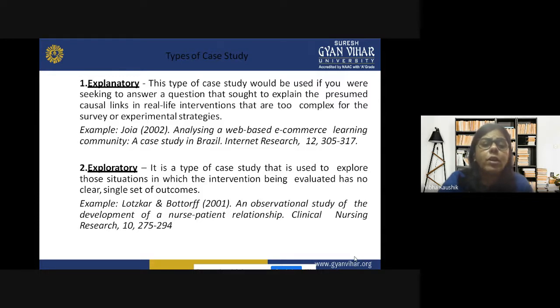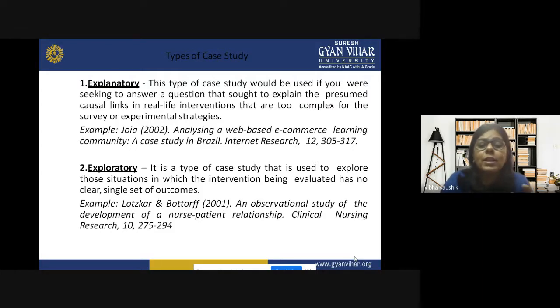Example, Zoe in 2002, analyzing a web based e-commerce learning community, a case study in Brazil, internet research. Now, the next one is exploratory.